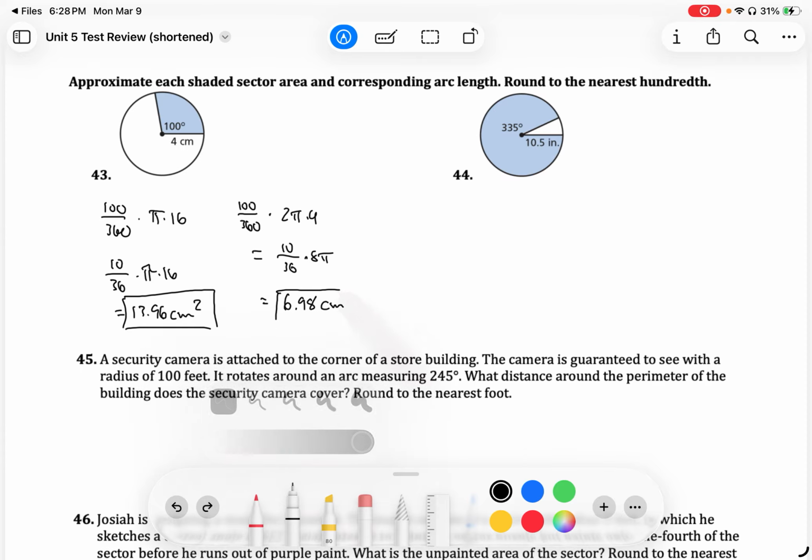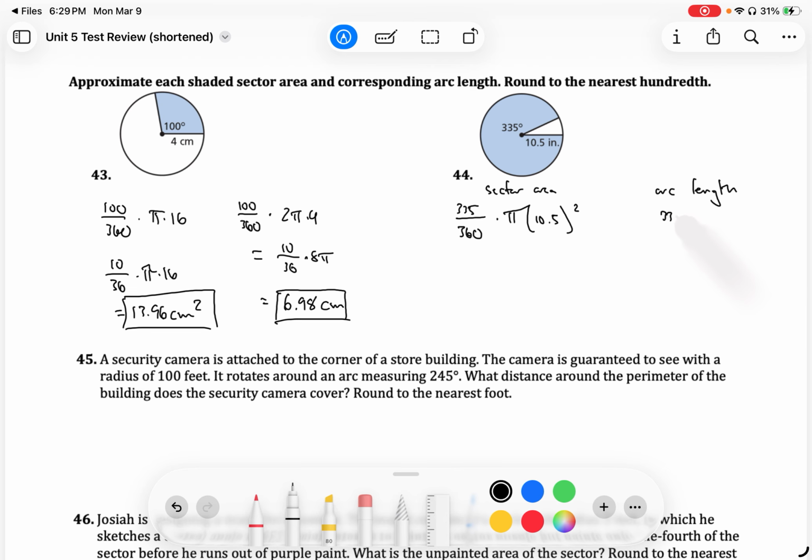Okay. For this one, looks like we're dealing with 335 degrees. So we would do 335 divided by 360 times pi times 10.5 squared. This would be the sector area. And for the arc length of that whole thing, we would do 335 divided by 360 times the circumference, which is 2 pi times 10.5.